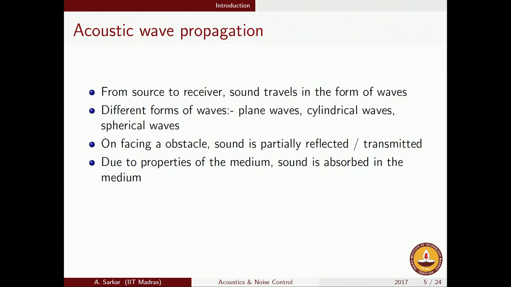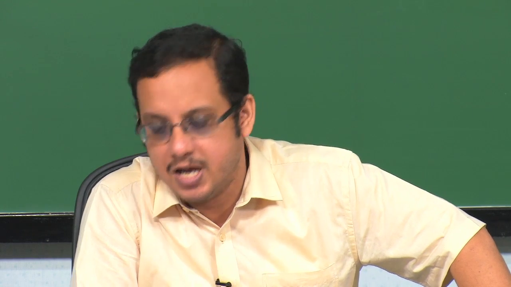So, one aspect is that the medium inherently has some absorption characteristics, but at times that is not sufficient. You want better absorption characteristics, because you do not want the noise to reach the point of reception or the associated human ear. So, you would like to design absorbers which are better than what is naturally inherent in the air. Those are called acoustic absorbing materials.